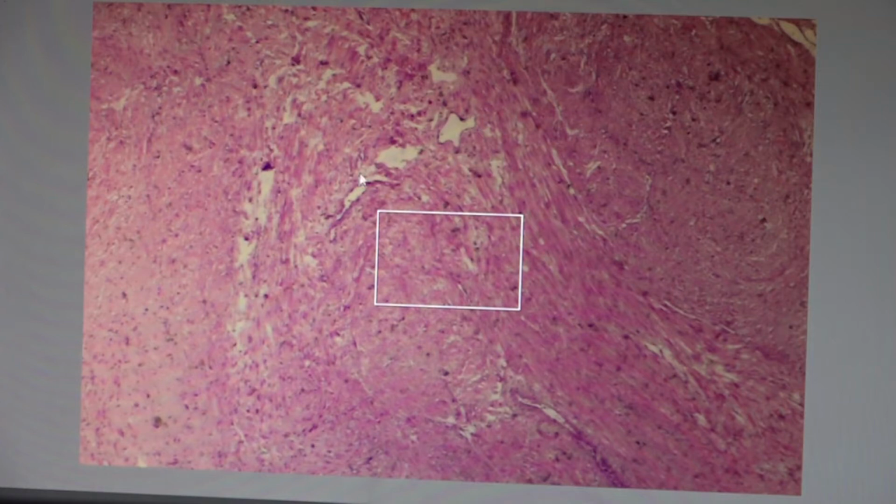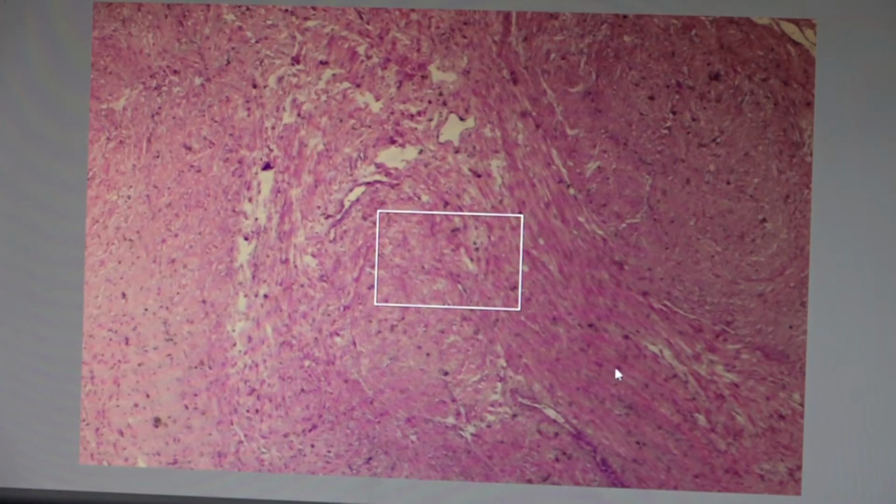The microscopic section revealed bundles of benign-looking smooth muscle, interlacing bundles. This is a transverse section, and this is a longitudinal section of smooth muscle, interlacing bundles of smooth muscle proliferation.